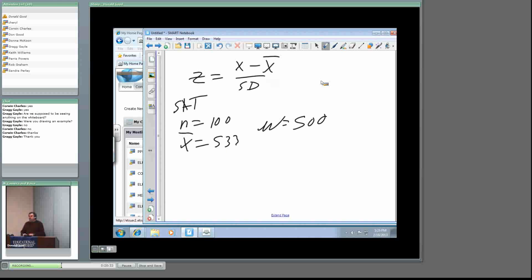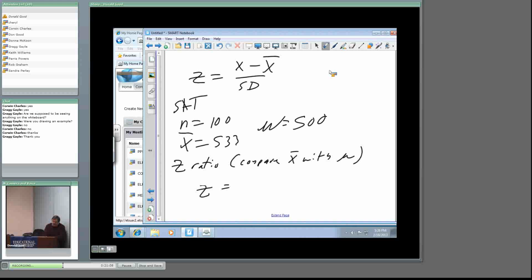Okay, so what we do is we make a calculation based on our individual z-score. So the z-ratio, and keep in mind this is to compare sample means with population means. So the z-ratio is, again, I'm still going to call this z, but I've identified it as a ratio, not just a particular score, is my mean minus the population mean.